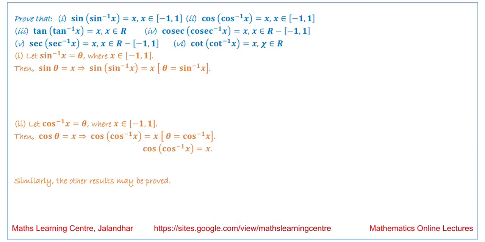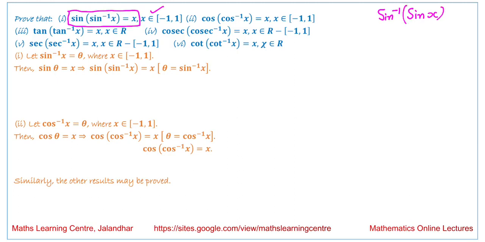Now the next we have is, we have to solve sine of sine inverse of x. We have to prove that this is equal to x if x belongs to the interval minus 1 to 1. In the previous case, we were talking about sine inverse of sine x.